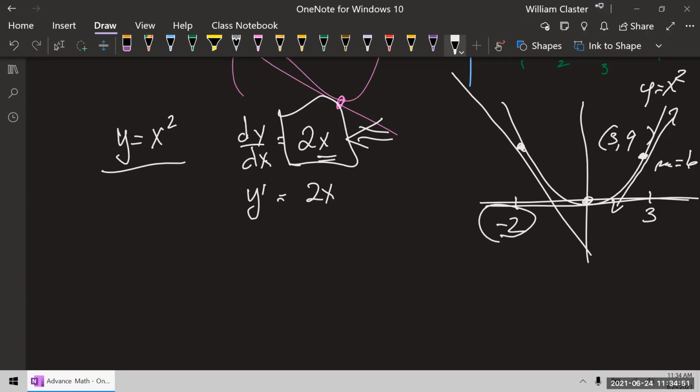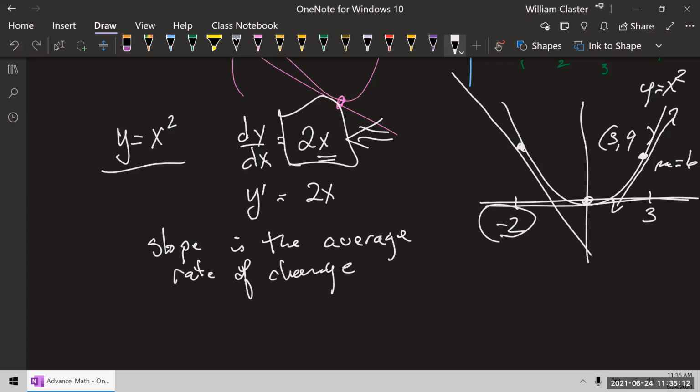Okay, so this derivative tells us the slope. And remember we said slope is the average rate of change. But here, this is the rate of change right at this one point. So we call it the instantaneous rate of change. How do I spell it? Instantaneous, is that right?